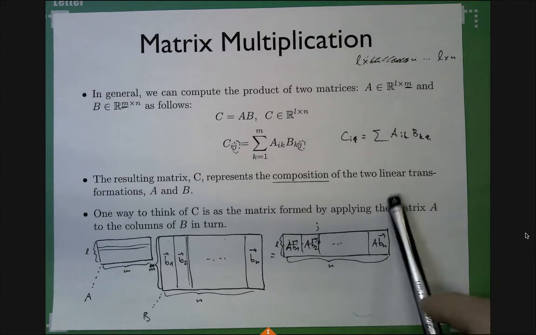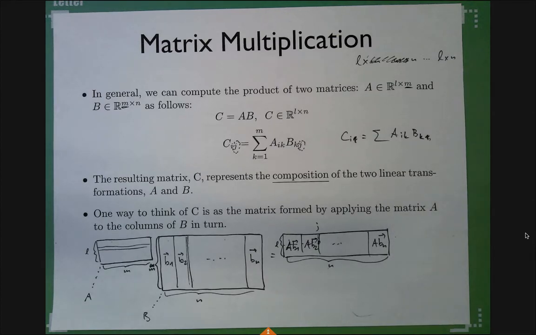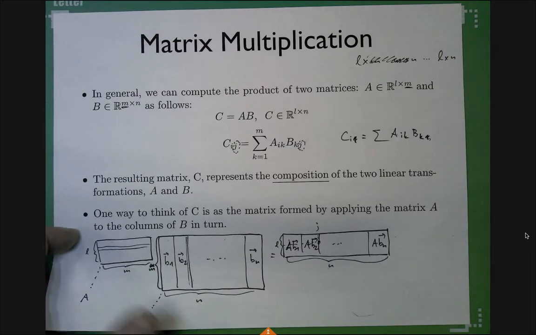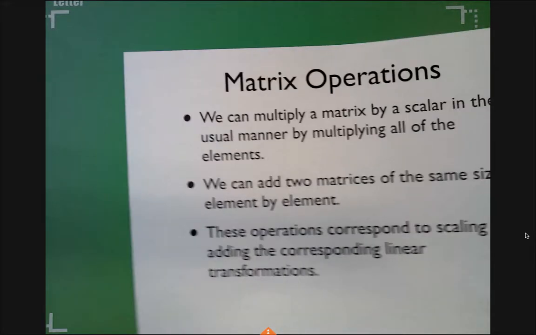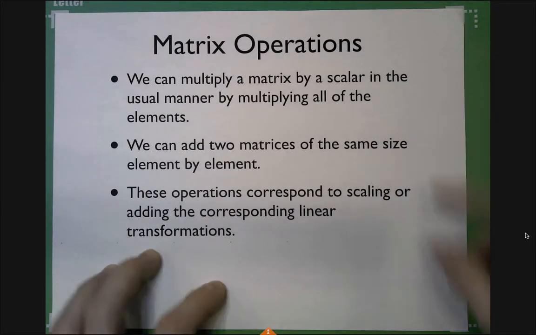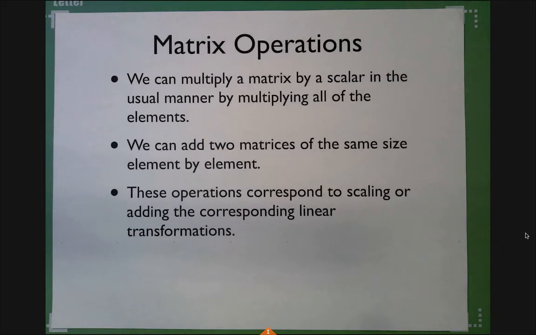So this is matrix multiplication, a very elementary concept in linear algebra. I'll be using it pretty much all the time. Let's talk a little more about properties of matrices in general.